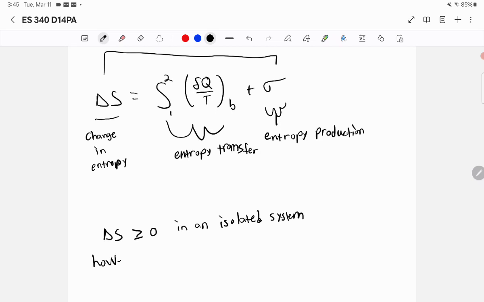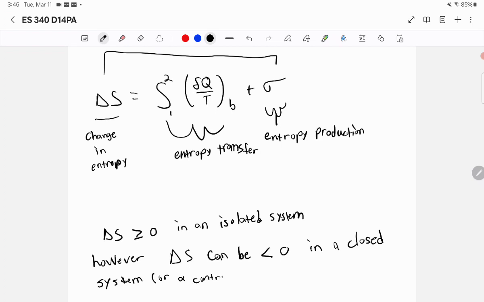However, because I've seen people get this messed up all the time, delta S can be less than 0, so negative, in a closed system. That's also true in a closed system or a control volume as well.